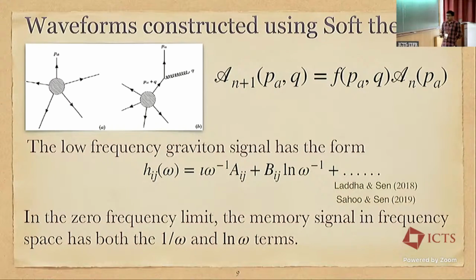We have this 1 over omega behavior and this log omega behavior, not only functionally, but these factors, A ij and P ij, which are functions of the incoming momenta, with the appropriate substitution of the momenta, these factors also match exactly with the result. So we found an agreement of our calculation of linear memory in frequency space using this field theoretic calculation with the results obtained from the soft graviton theorem.